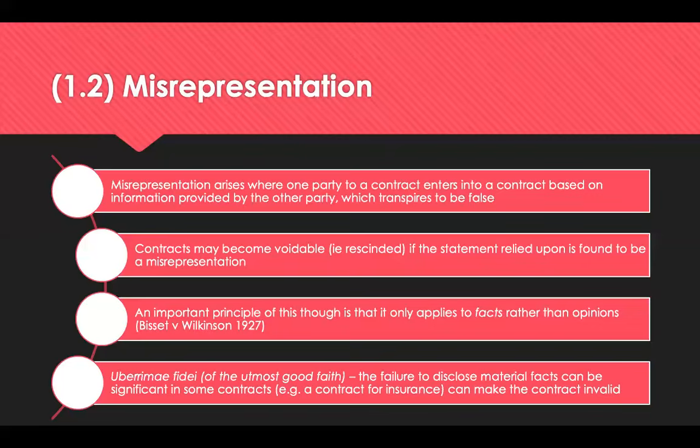So contracts can become voidable if the statement relied upon is found to be misrepresentation. An important principle of this is that it only applies to facts, not opinions. So that 2,000 sheep example comes from the Bissett versus Wilkinson case. And the utmost good faith is that failure to disclose material facts can be significant in some contracts.